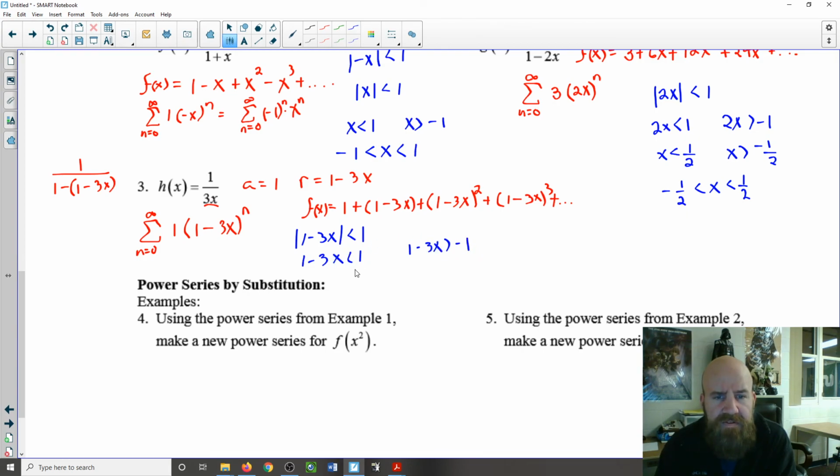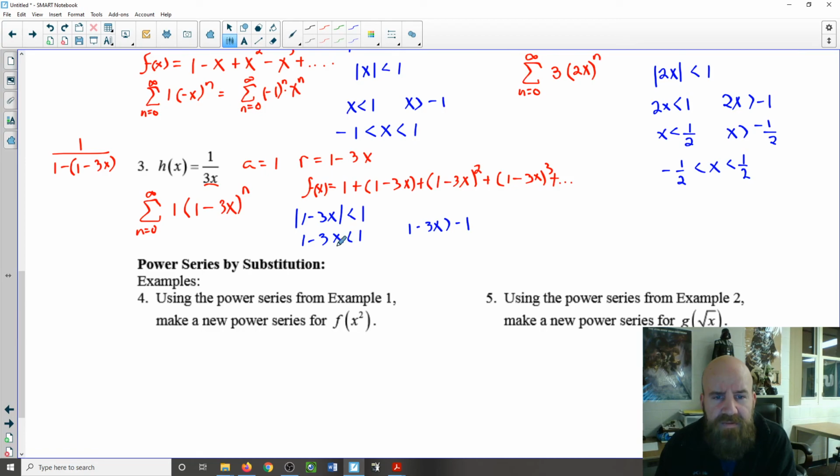Okay, so we solve these out. I'm going to get a little bit into these problems here, but subtract 1. So if we subtract 1, this is less than 0, and then we have subtract 1, we have x is greater than 2/3.